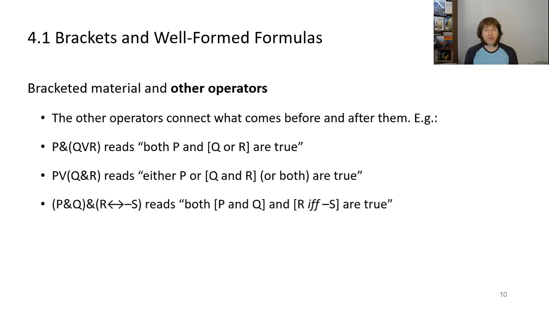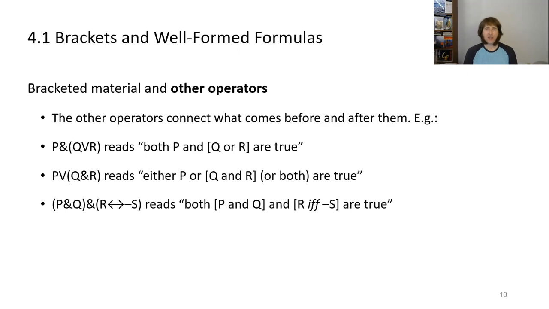Now, here's an even more complicated one. We have a complex statement. Ultimately, it's a conjunct. It's governed by the conjunction in the middle, and it's taking as two conjuncts the material in brackets. The first complex statement that serves as a conjunct, the first logical unit, is the conjunction P and Q. The second one is another complex statement.